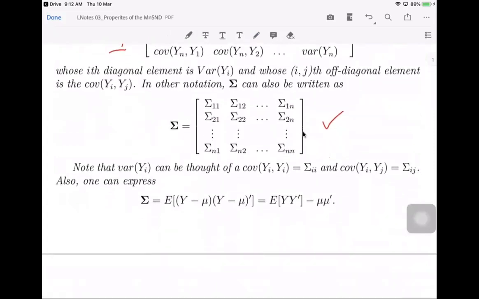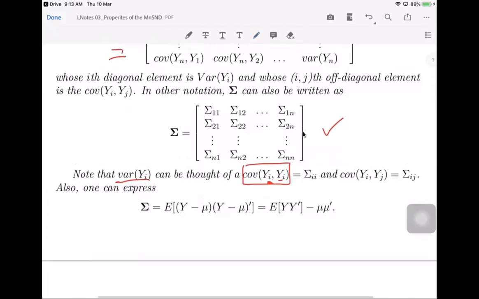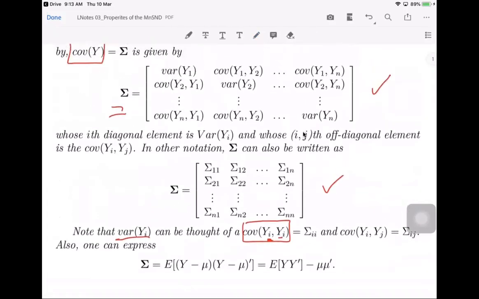Note that the diagonal entries, or the variances of the yi, can be written in terms of covariance, but it is the covariance with itself. When i is not equal to j, it is the covariance of yi, yj in general.